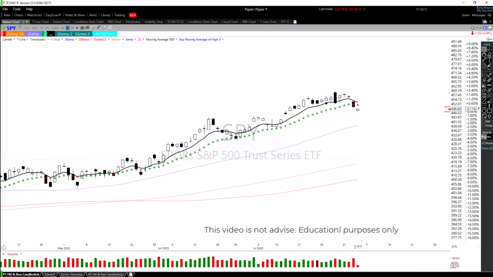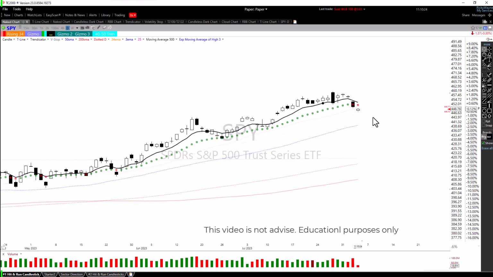Let's see, why the 25 and not the 20? You know, Thea, there's no rhyme or reason, okay? There is no logical rhyme or reason. You could use the 25. And that's a great question. All I'm looking for is a trend. That's it. And I want the trend in the background.